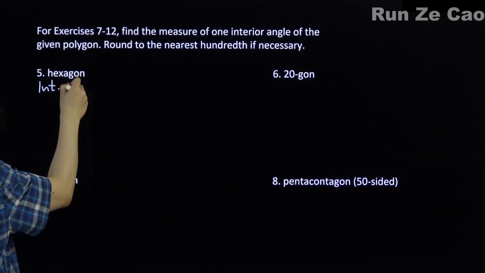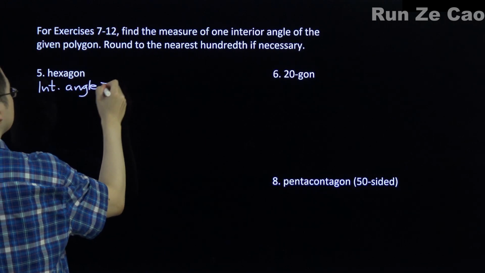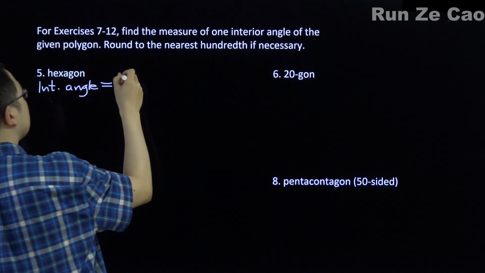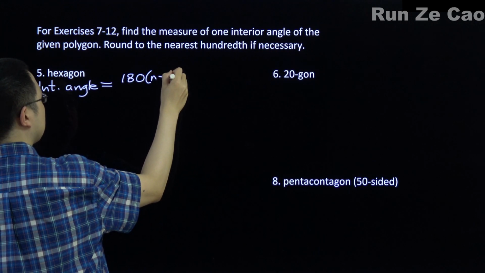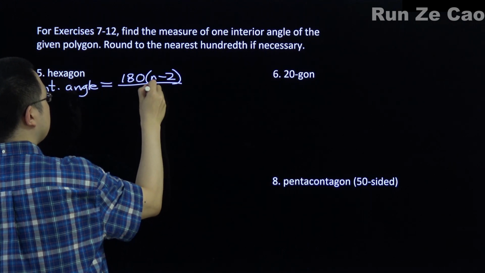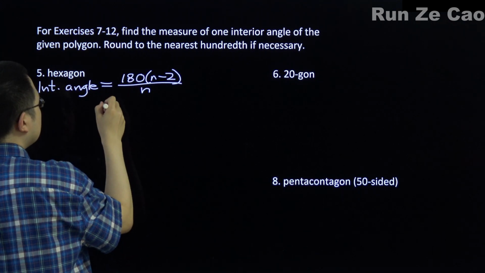Interior angle is equal to the sum, which is 180 times n minus 2, divided by the number of such angles, which is equal to the number of such sides.